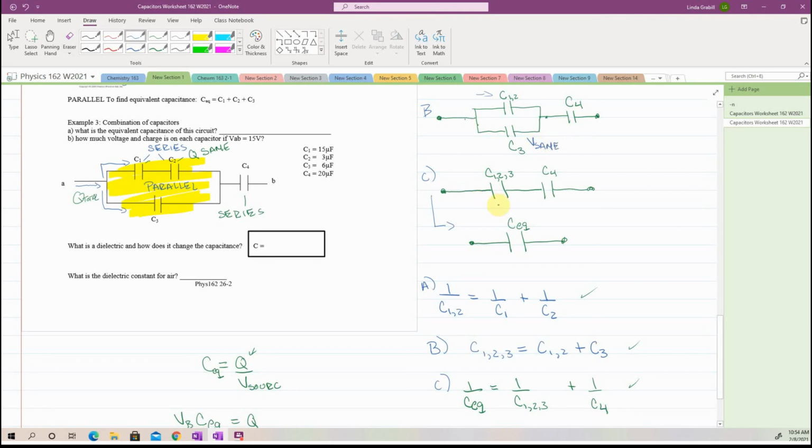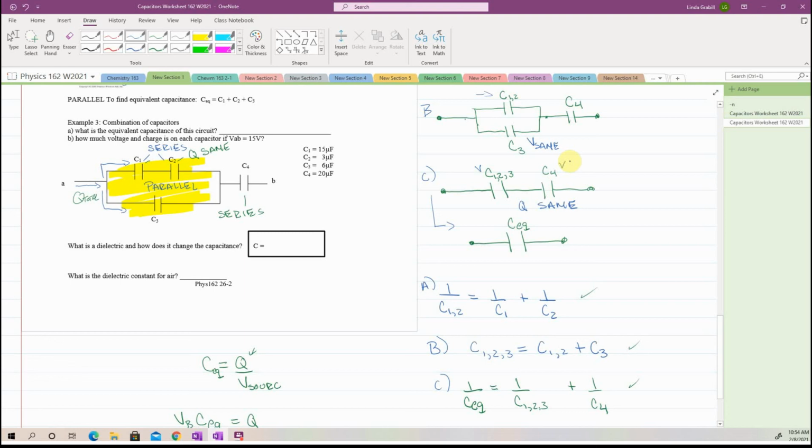For my equivalent capacitor 1, 2, 3, and 4, my Q is the same. So if I remind myself of that, then once I have my CEQ, the easiest one probably to come back to is to solve for my voltage drop. I know my Q is the same for both, so that will give me the potential drop. I can solve for my potential drop here and my potential drop here.